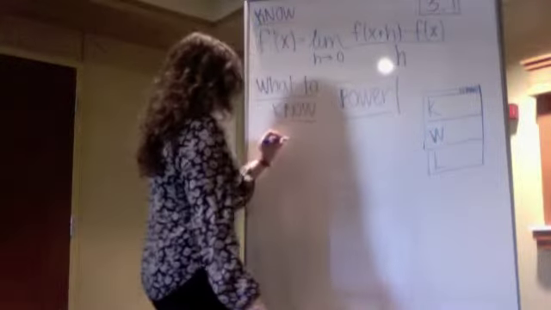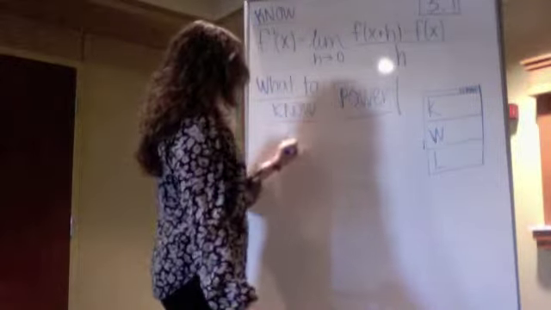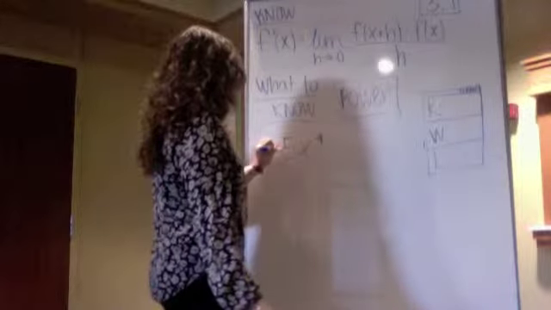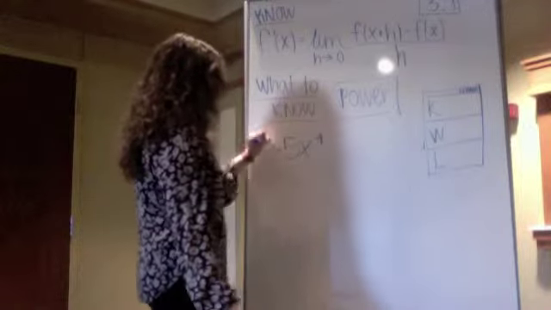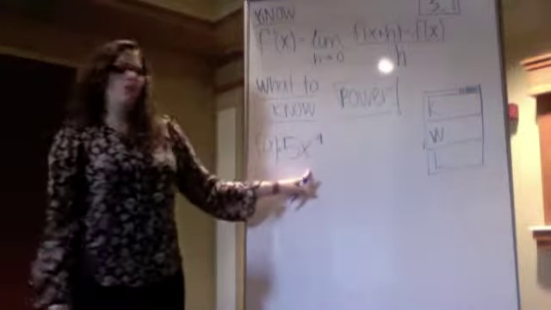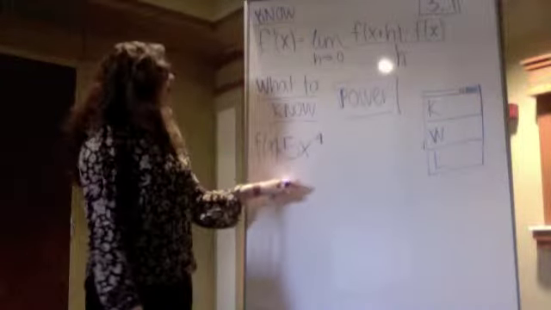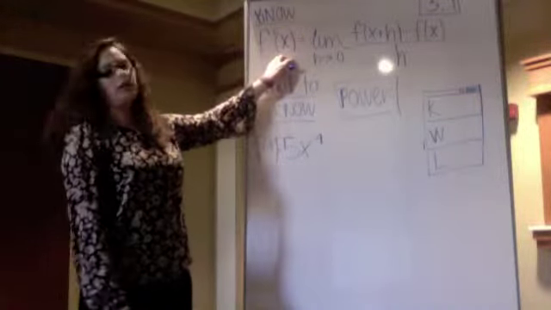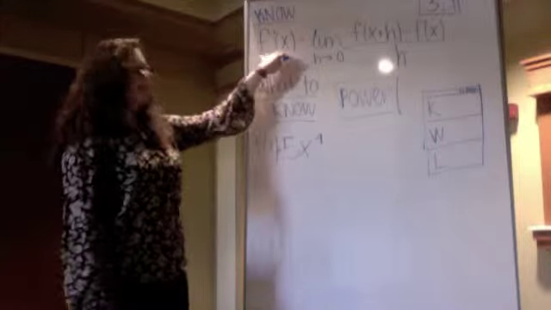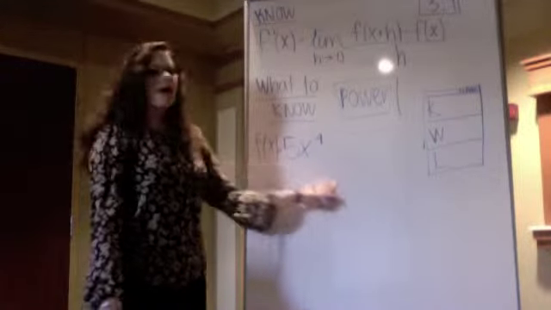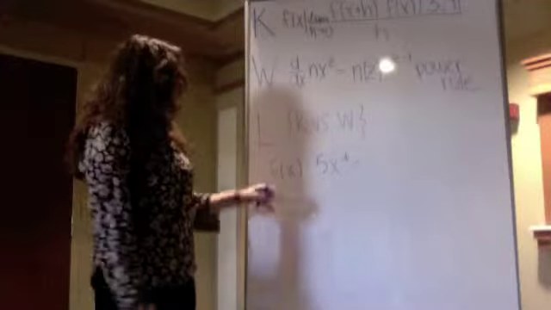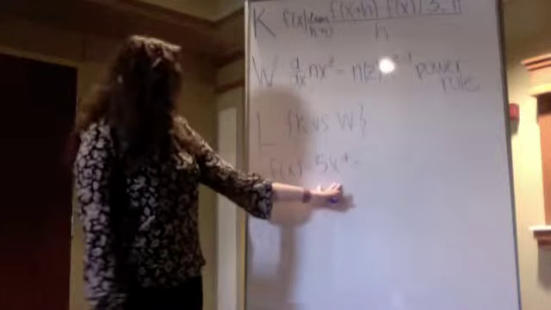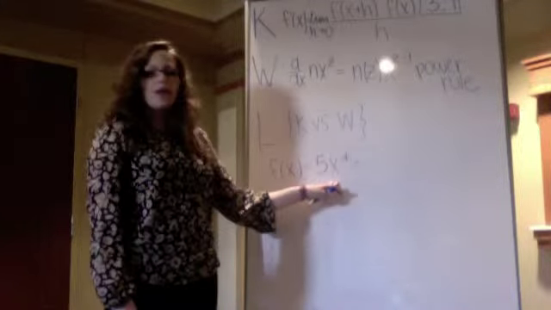And on that sheet of paper, I want you all to write 5x to the 4th. And that's f of x equals 5x to the 4th. Okay? And I want you guys to start working on this part with the formal definition. I'll be around to check on you guys, and then we'll do the power rule with this function. All right, so everybody should be done with the formal definition and applying it to the function 5x to the 4th.